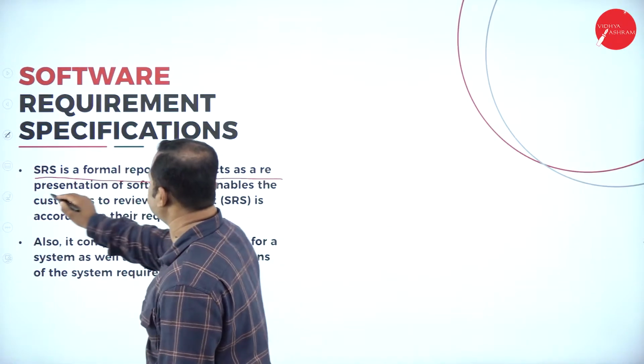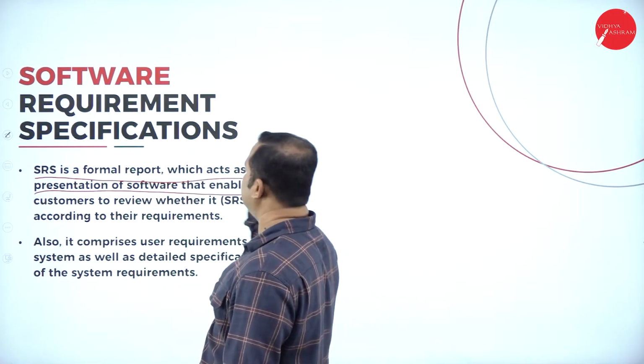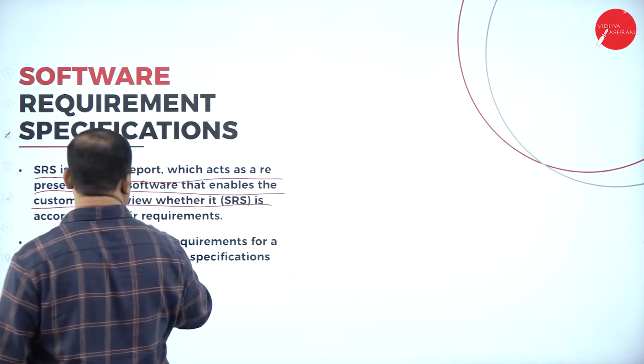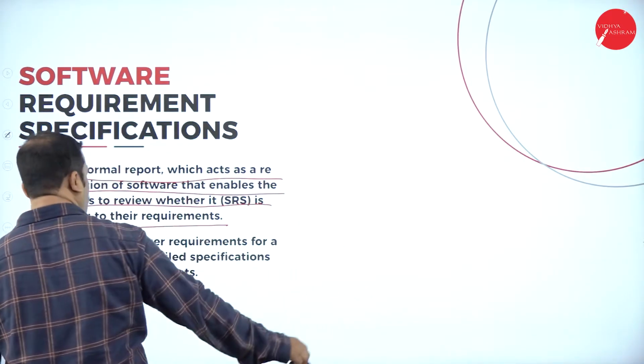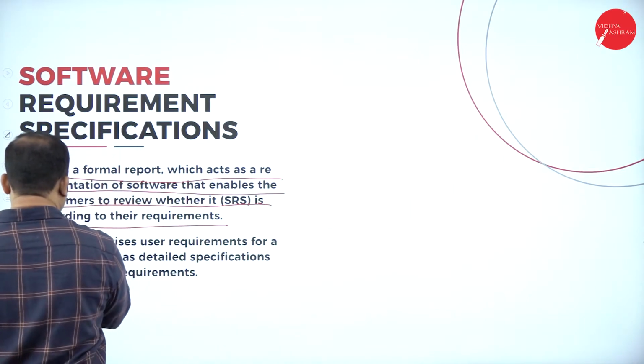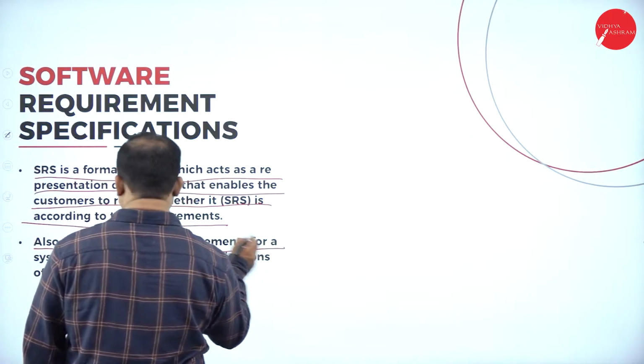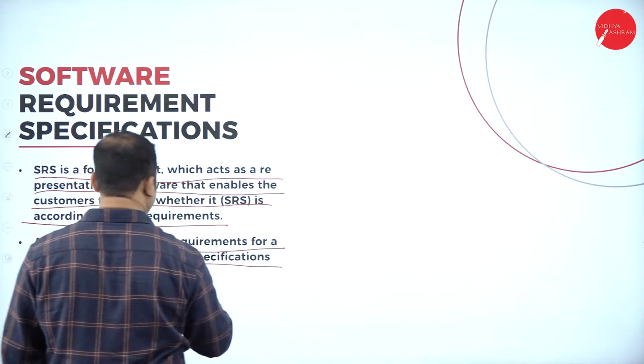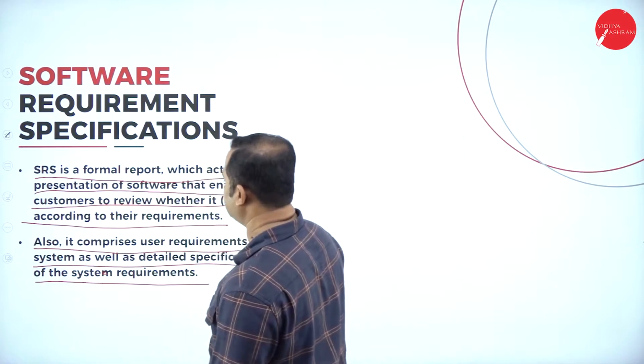So which acts as a presentation of software that enables the customers to review whether its SRS is according to the requirements or not. Also, it comprises user requirements for a system as well as detailed specifications of the system requirements. What does this mean?